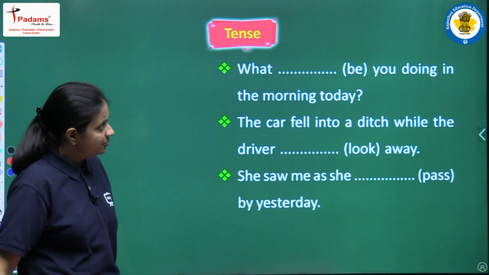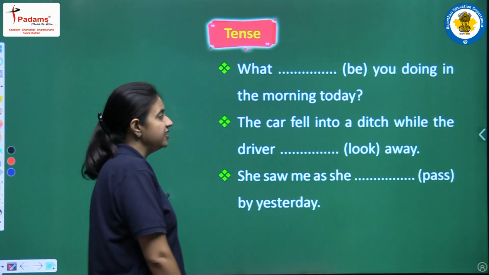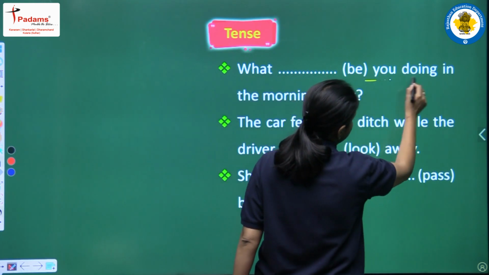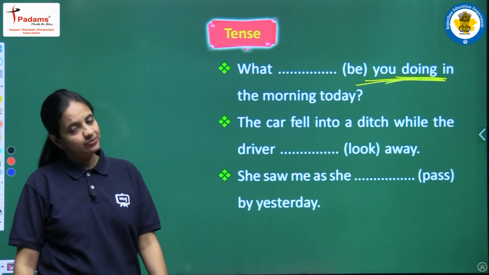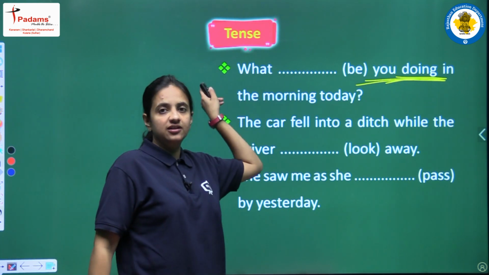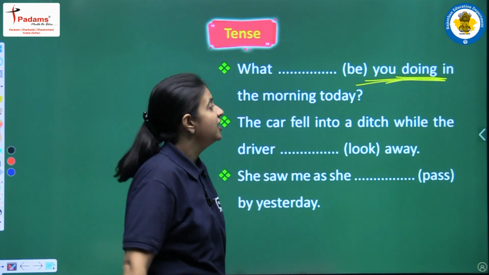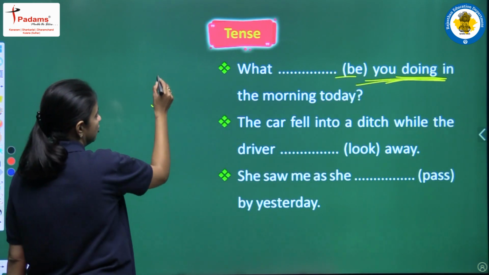Let's see. What be you doing in the morning today? Okay, so in this sentence, we are having a main verb here. Okay, so we are having doing, that is the first form plus ing. It means this is a continuous tense, right? And we just have to fill this blank with the main verb, and we are having be here. So students, let's understand this thing also.